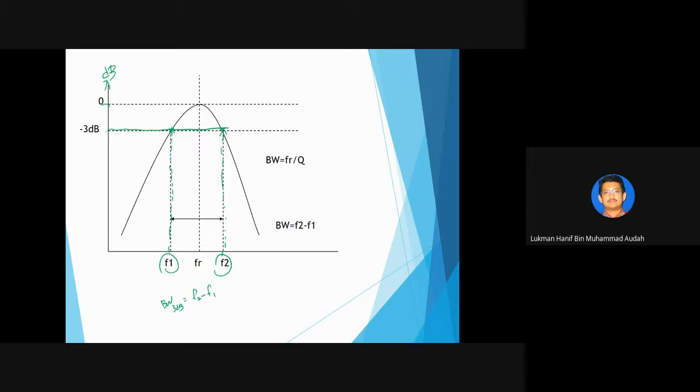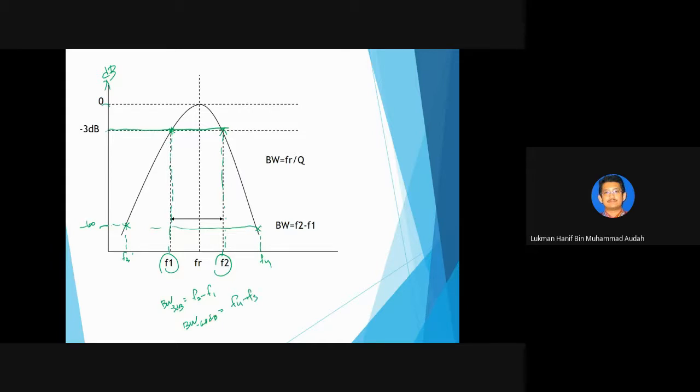Okay, how about the bandwidth at minus 60 dB? The bandwidth at minus 60 dB, for example over here, minus 60. If you look, it crosses here and it will cross here. Let's say here is F3 and F4. Okay, so the bandwidth at minus 60 dB is equal to F4 minus F3.